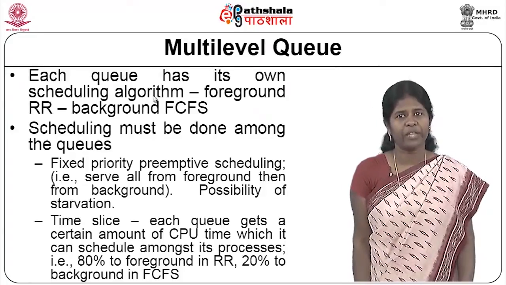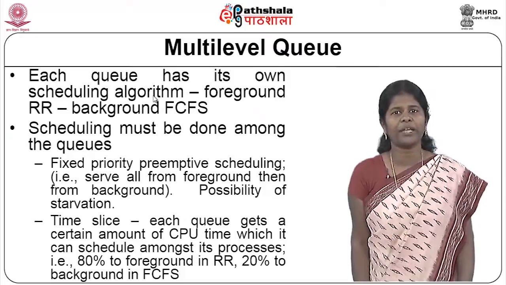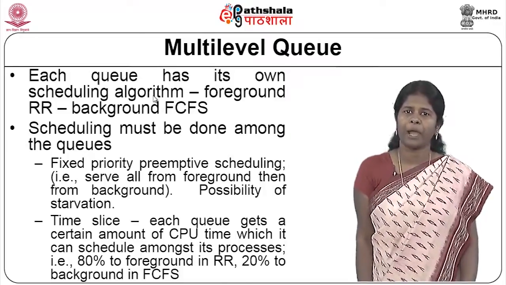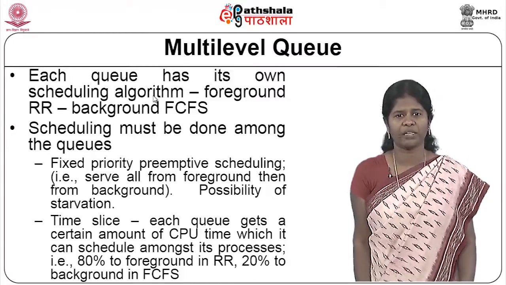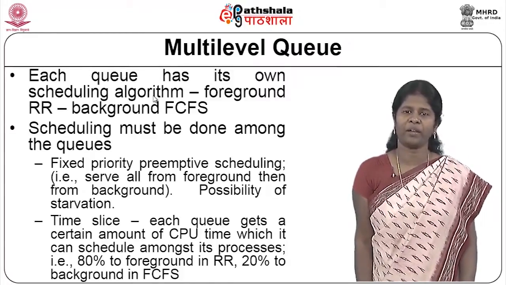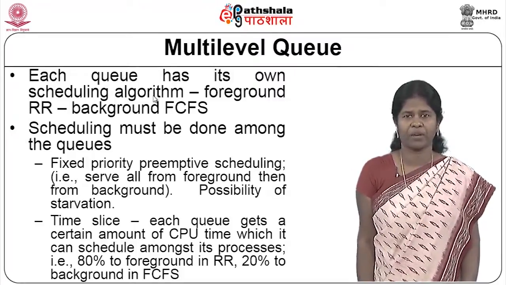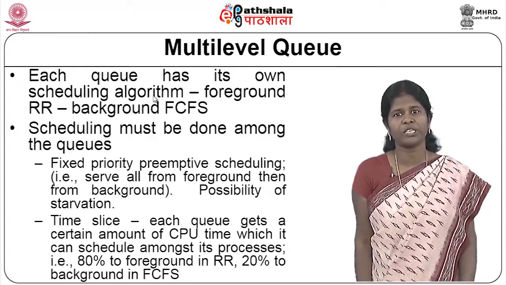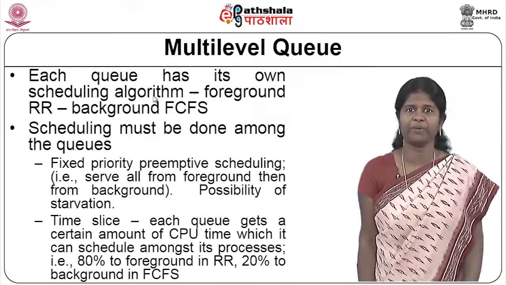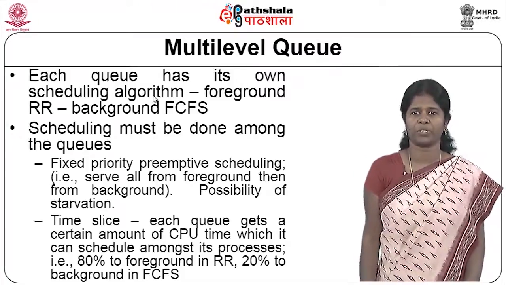If there are multiple queues, it can even be done like a fixed priority preemptive scheduling applied to the different queues. The processes in the foreground can be given a higher priority compared to the background processes, and the queue which has the foreground processes will be given a higher priority compared to the queue which has background processes.